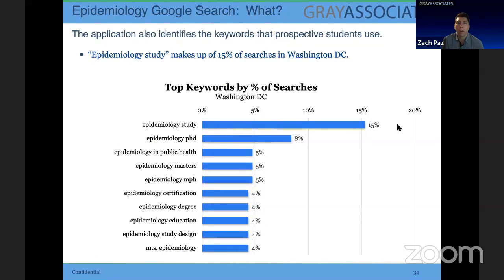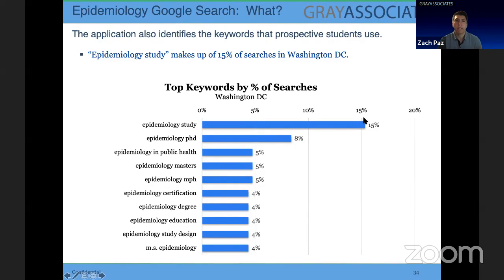So what are prospective students searching? Here's a list of some of the top keywords that we researched and pulled, and we'll be adding to our database of Google search trends. Epidemiology study was number 1 with a 15% share of the searches in the DC market.